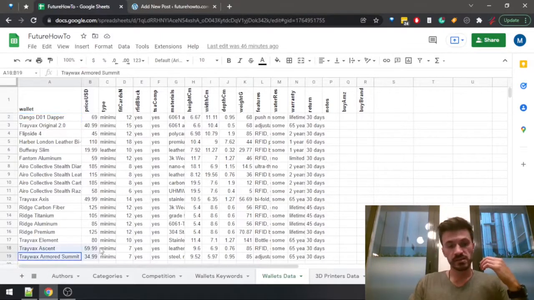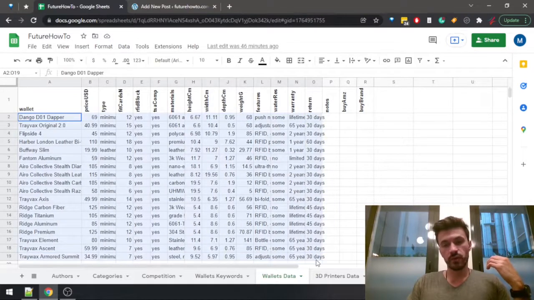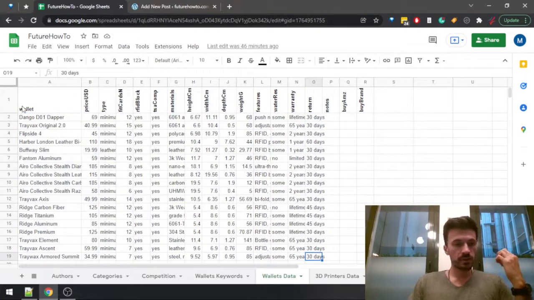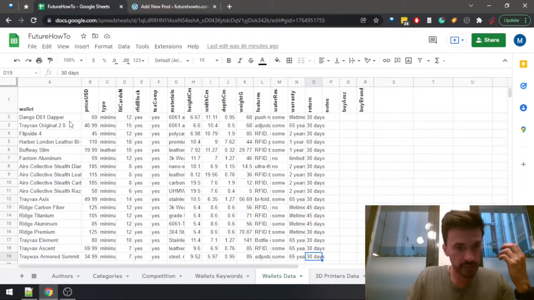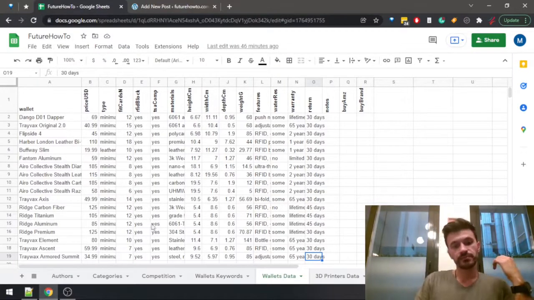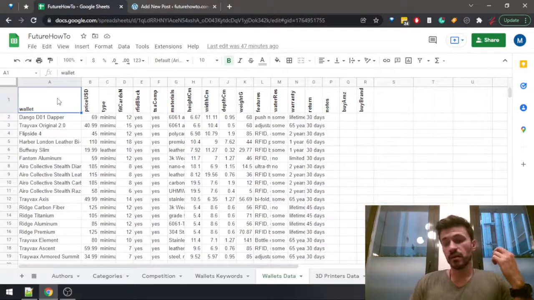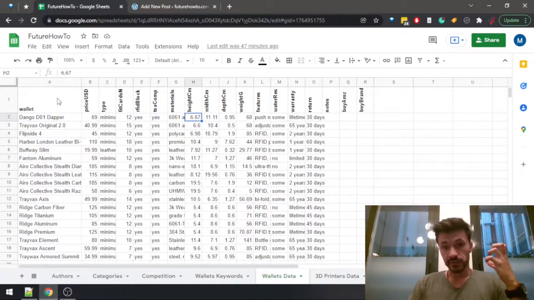So this is what my spreadsheet looks like so far. And this is actually quite a small sample of minimalistic wallets because there are hundreds of them. I've only done about 18 in here. But as you can see, all of the specs are detailed here.